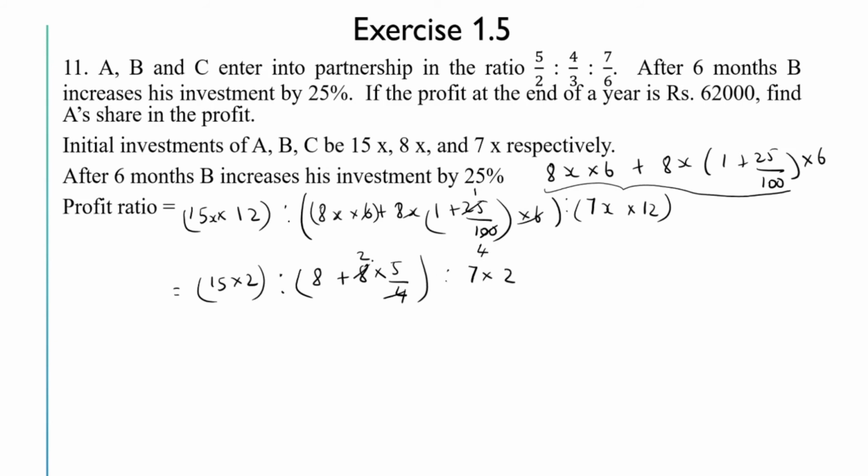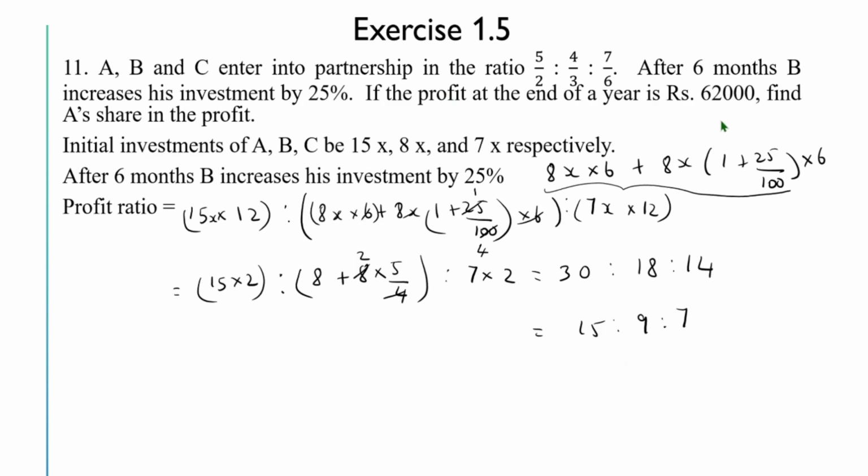So this will go 2 times. This is equal to 30 : 8 plus 10, that is 18 : 14, or 15 : 9 : 7. So the ratio of their profit is 15 : 9 : 7.